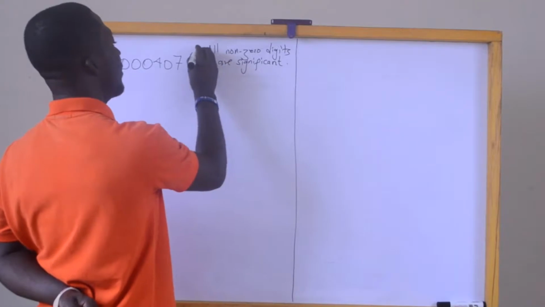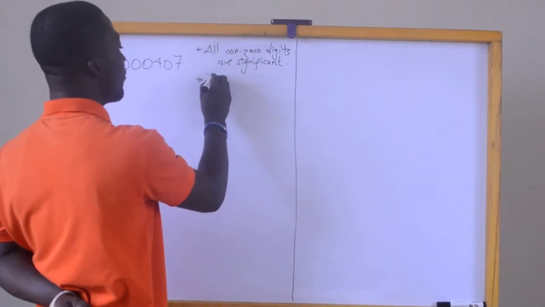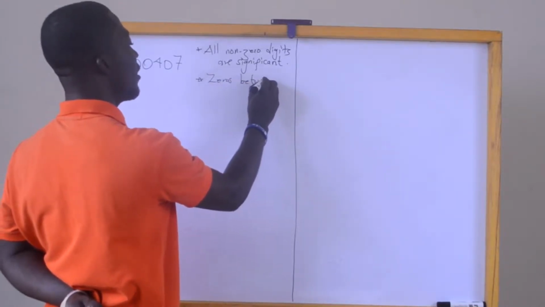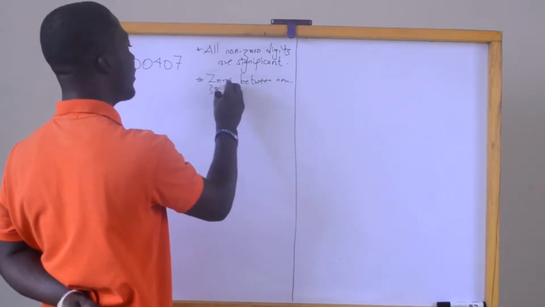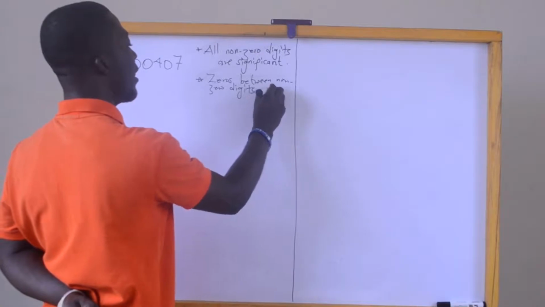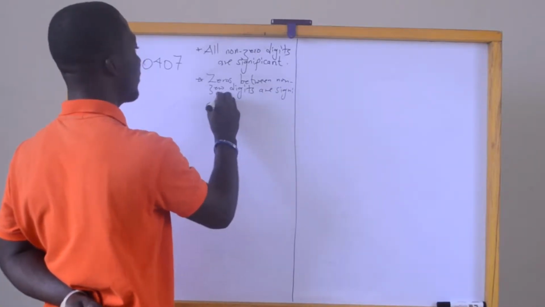That's that. The next rule says that zeros between non-zero digits are significant.